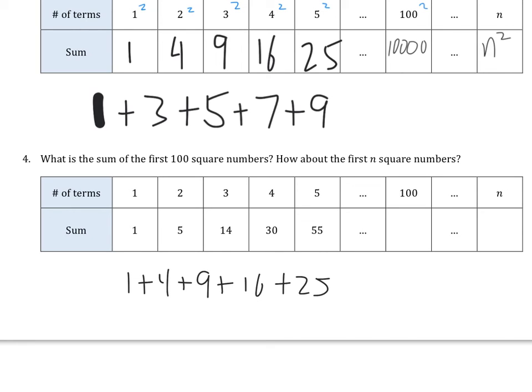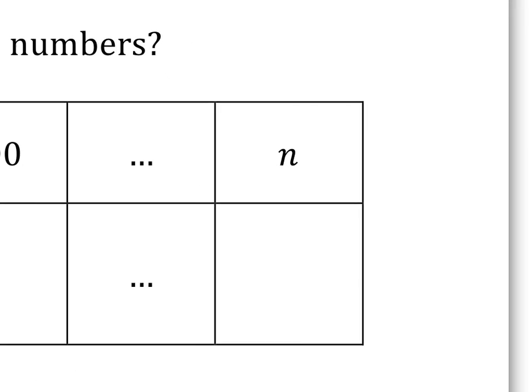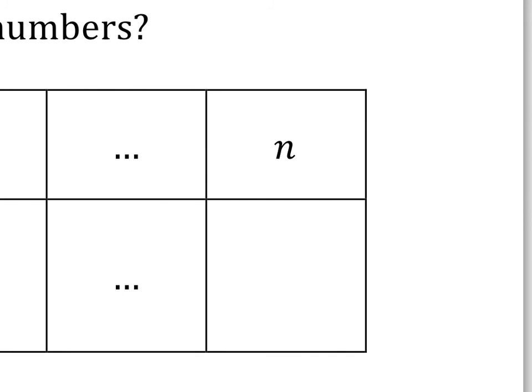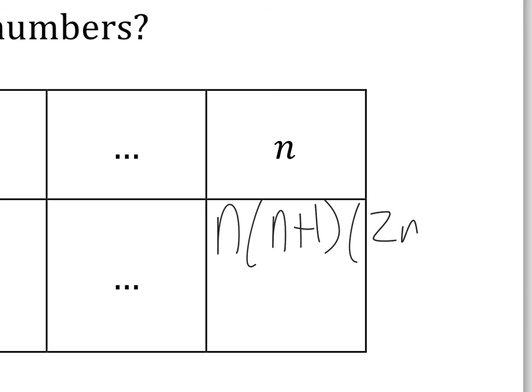So adding up a bunch of square numbers gives us 1, then 5, then 14, then 30, then 55. This one's kind of tough to see the pattern, so we're going to go ahead and just tell you what it is. This guy's going to be n times n plus 1, that looks familiar, times 2n plus 1, which is an odd number, all over 6.